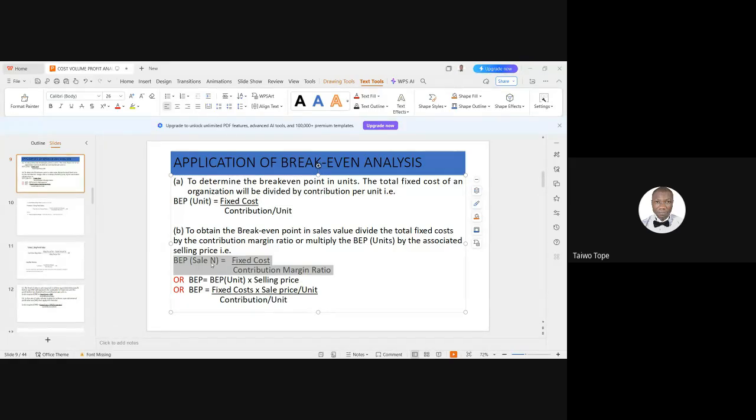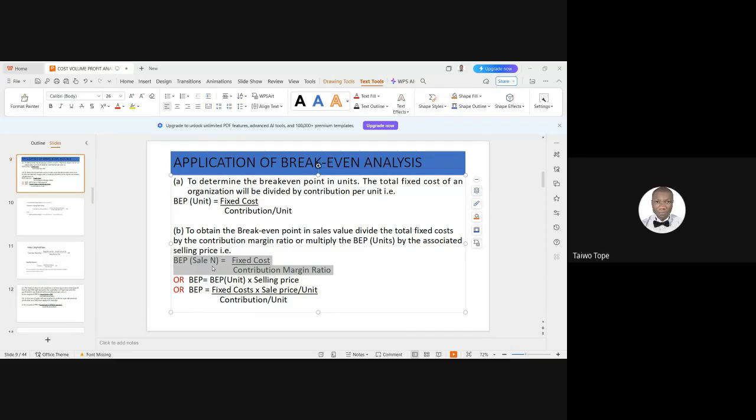Now, for you to get contribution margin ratio, referring to the question you have, if your contribution is 30 million, what is your total sales? 90 million. Very good.